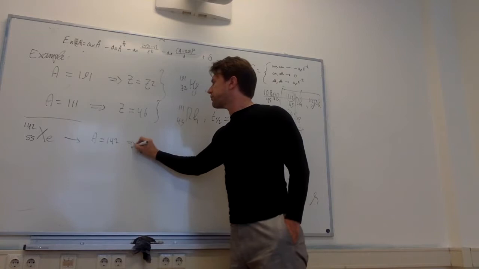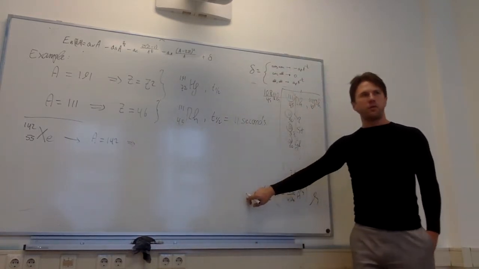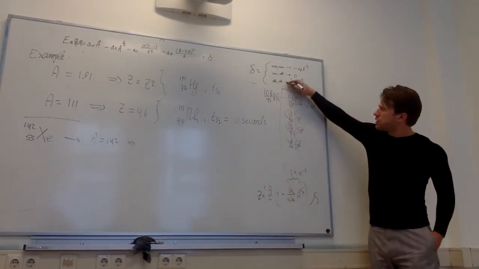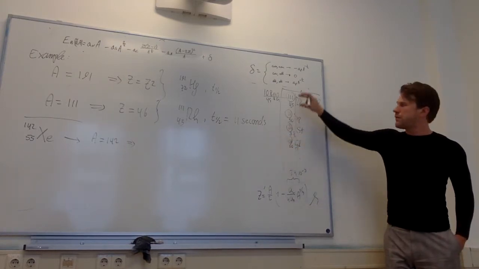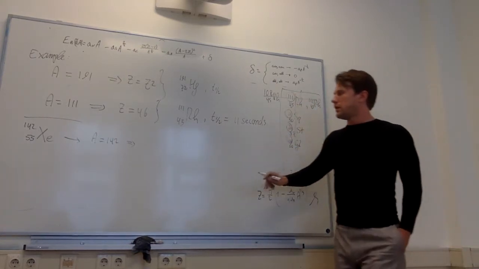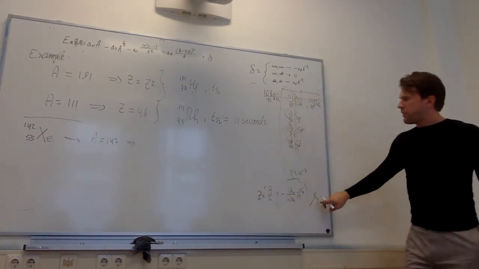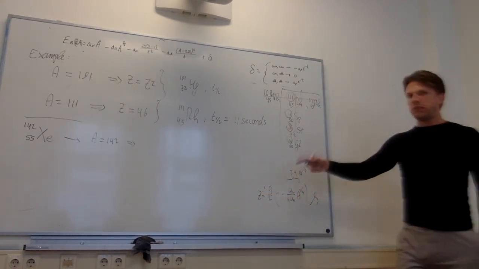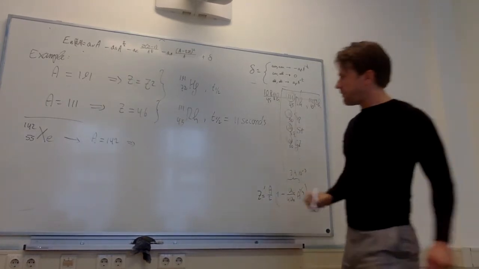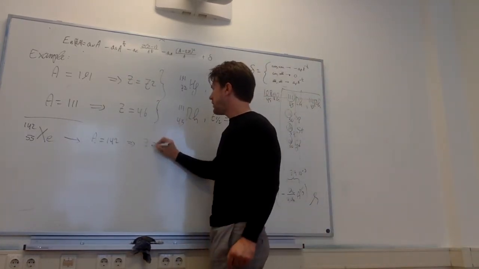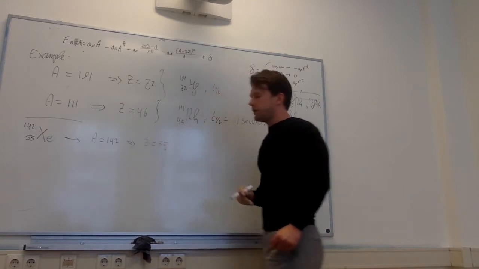If you plug it into our neat little formula, it will go through all the isotopes that have 142 total mass, even though they are different elements, and look for the element with mass number 142 that is the most stable. And if you plug that in, I found that the Z that is the most stable is 57.